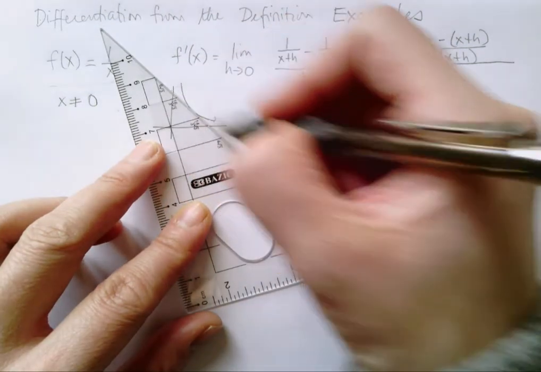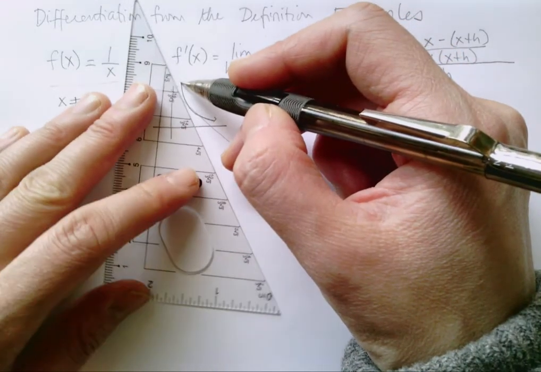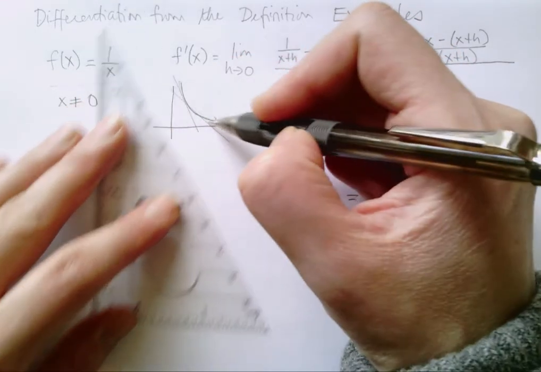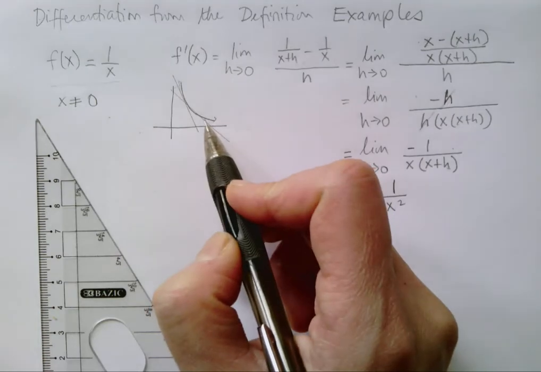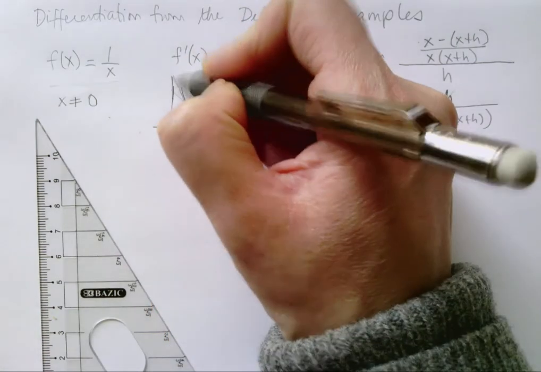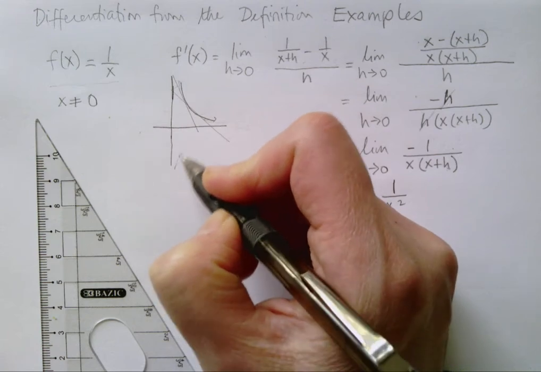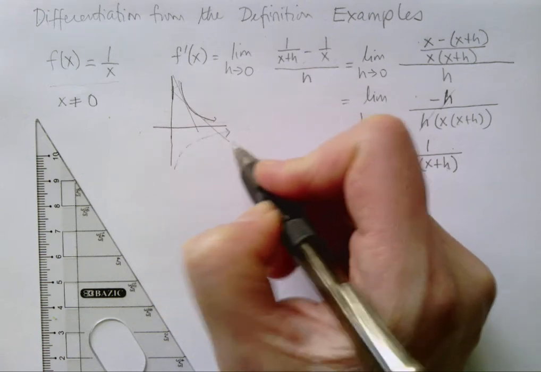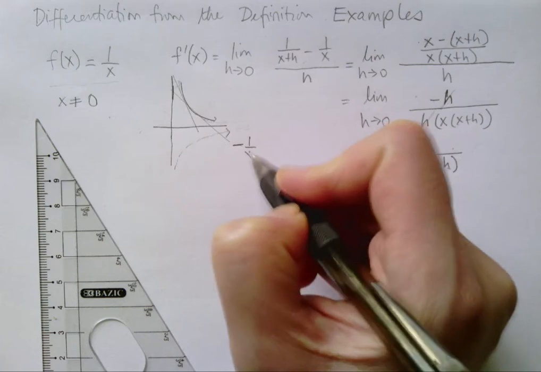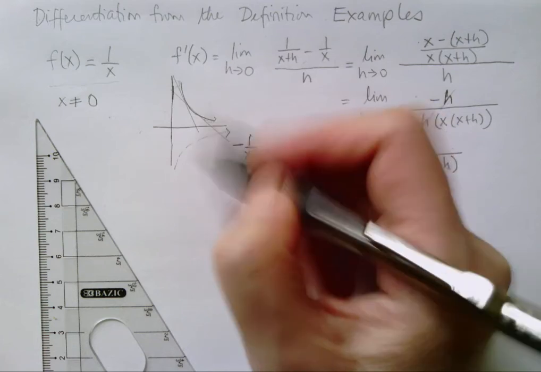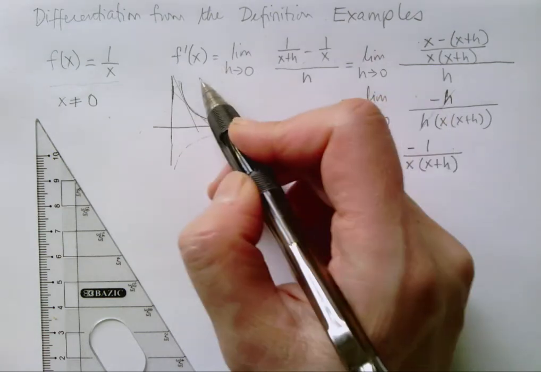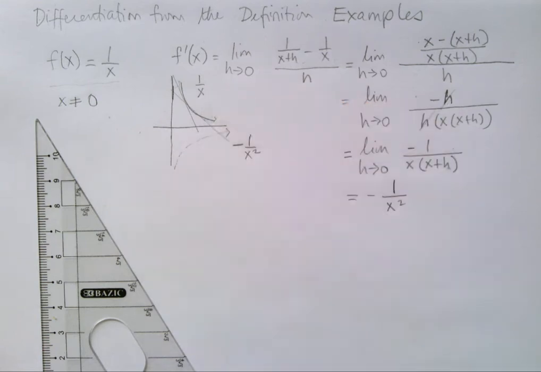Right, these are negative slopes, and negative slopes which are going to 0. So the graph of negative 1 over x squared coincides intuitively, geometrically, with what the derivative of 1 over x should be.